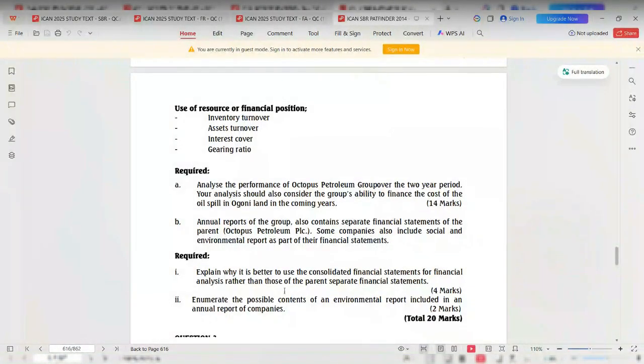So, one thing I want us to note: in requirement A, they did not tell you the ratio to calculate. They did not say calculate this, calculate that. So who can now tell me what are the ratios we are expected to calculate based on the information we have read so far?